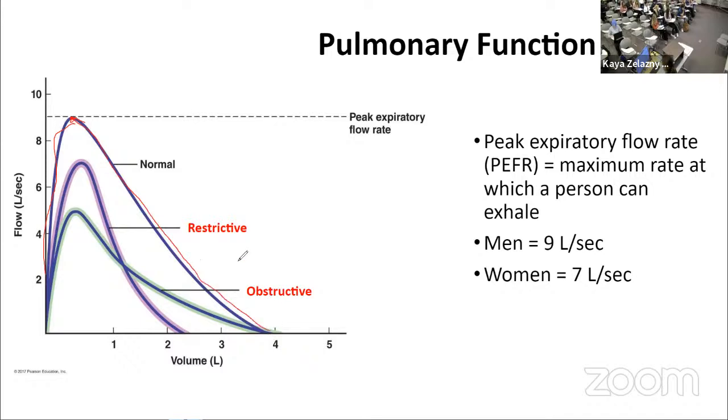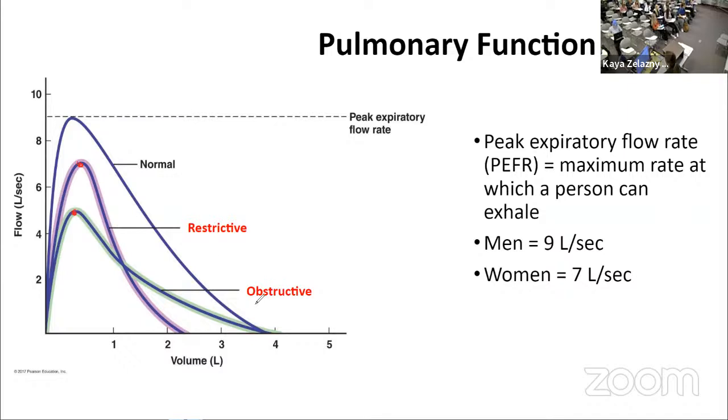Okay, we can see in both the restrictive and obstructive diseases, we have differences here. And we can see that same sort of pattern. So we do have some change here to that flow rate in both our restrictive and obstructive diseases.